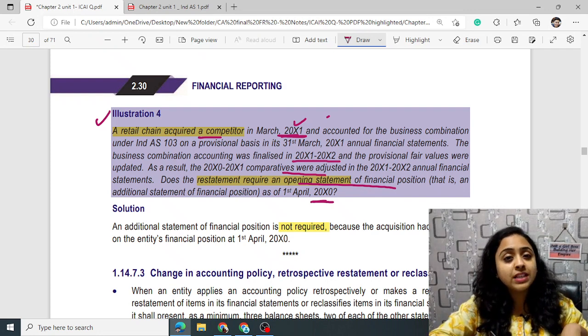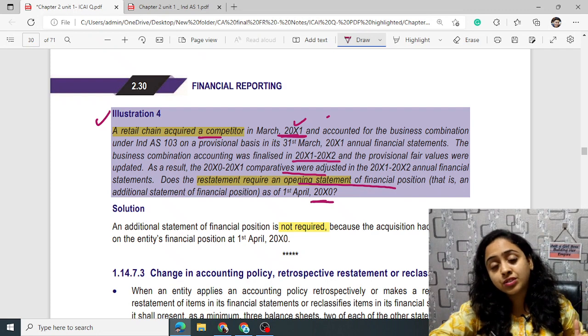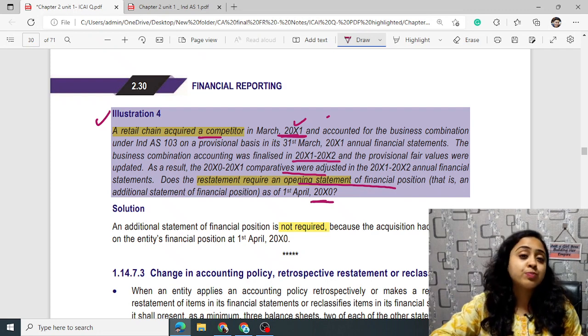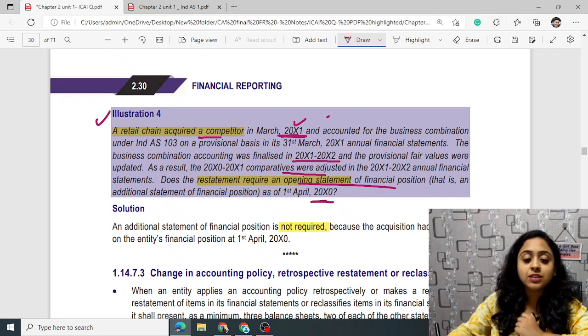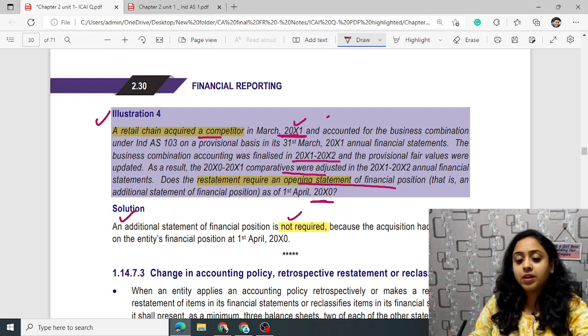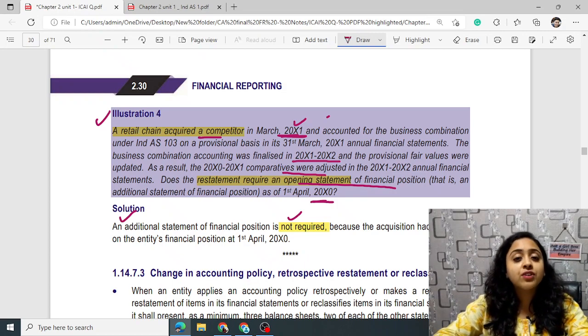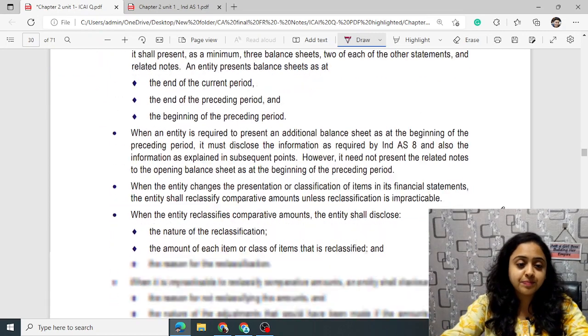You have to show these for opening balances of the earliest period when and only when you have an accounting policy change, and that too retrospectively. That is known as additional statement. So such additional statement is not required because the acquisition had no impact on the entity's financial position on 1st April 2020.